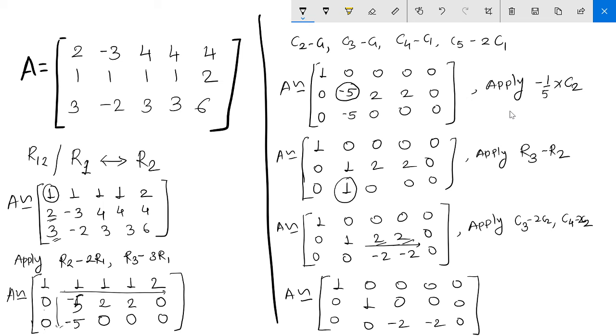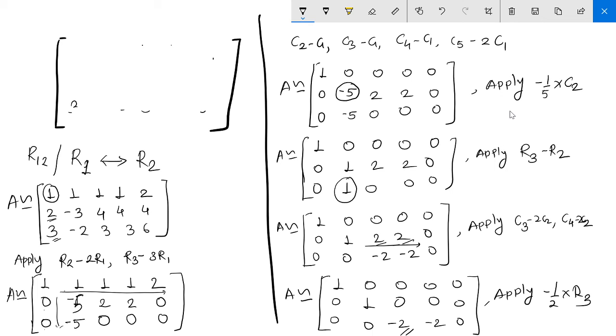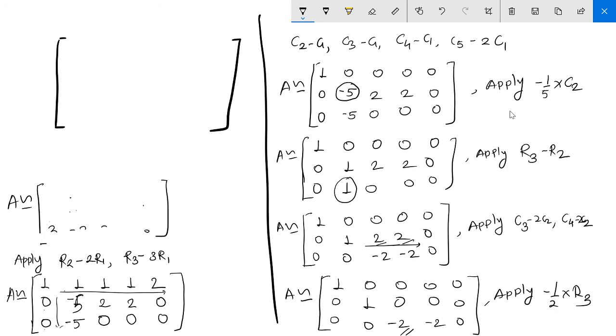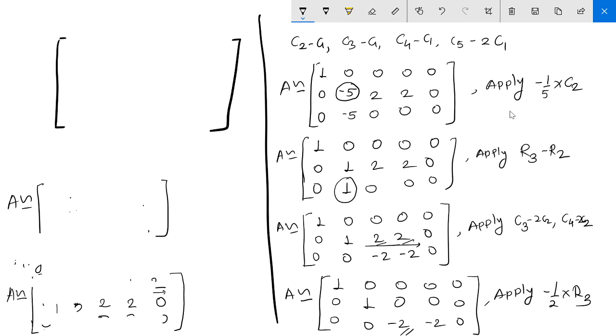After this reduction, we have to reduce this -2, so apply -1/2 times R3. After this operation, there will be 1 in the third row and everything else is 0.